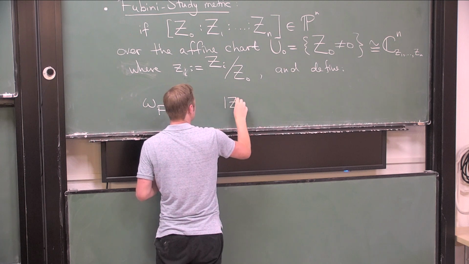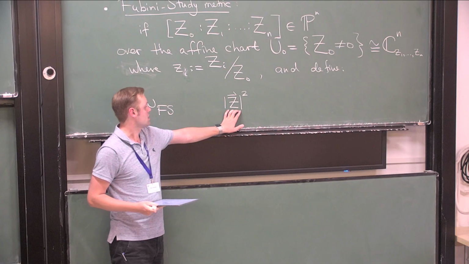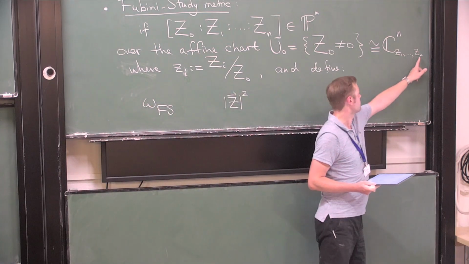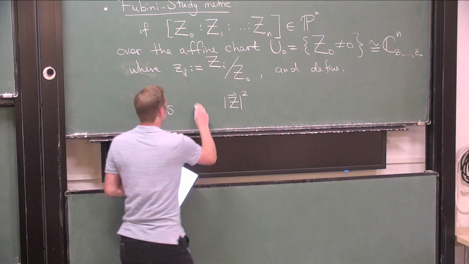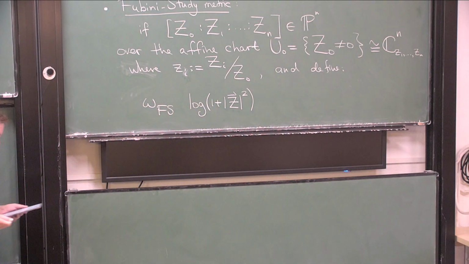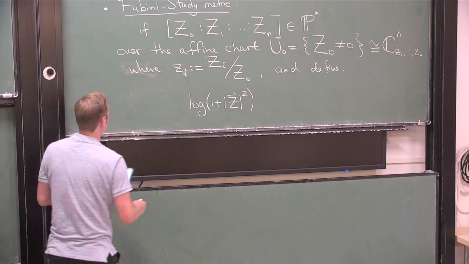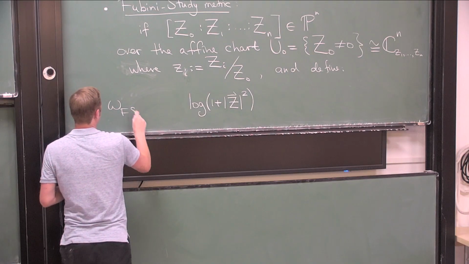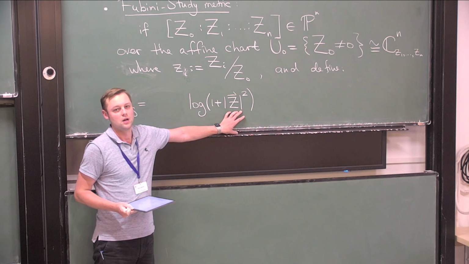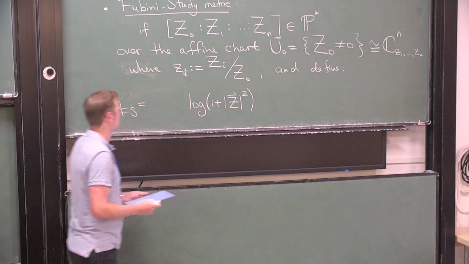If I look at this function, which is just the norm of the vector z in these coordinates, z1 to zn squared, and I look at the log of 1 plus this total length, this gives me a real valued function on this coordinate chart, C to the n.